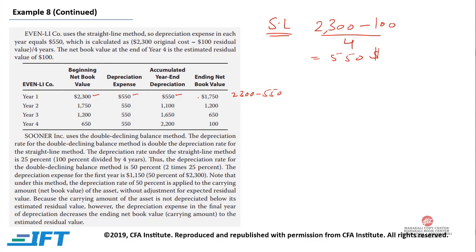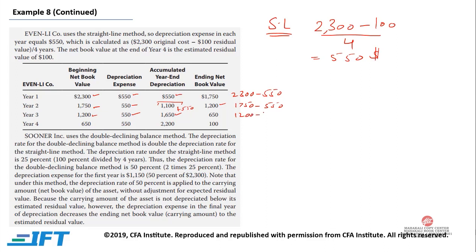Now next year again we start with 1750 and we have the same depreciation because it's straight line, so our cumulative depreciation is 1100. We subtract 550 from 1750 and we get 1200. Next year we start with the book value of 1200, depreciation remains the same, accumulated depreciation 1100 plus 550, you get 1650.